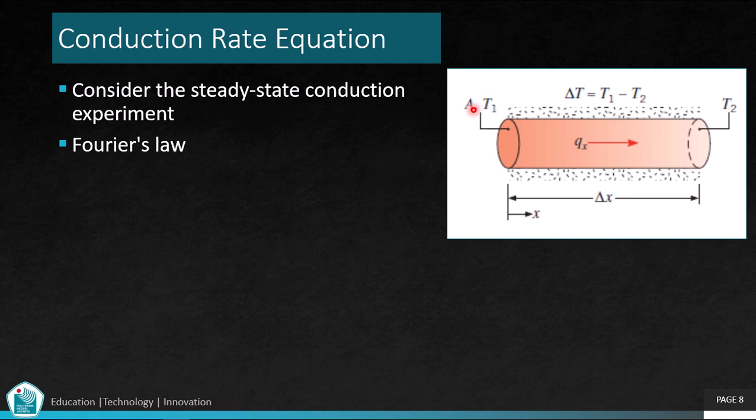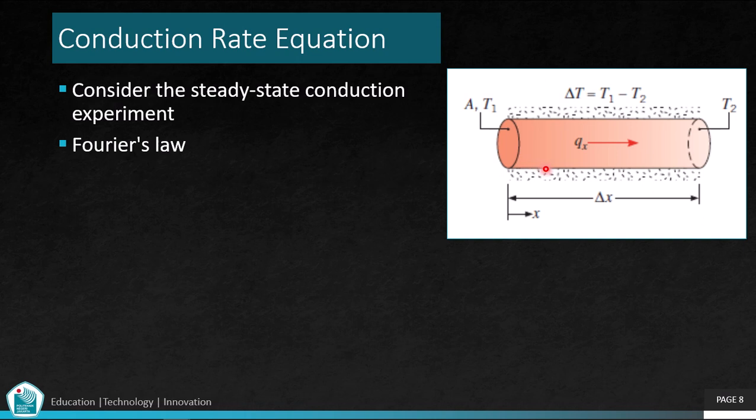We will find that the Qx, or heat transfer rate, is directly proportional to A. So if delta T and delta X are constant and we vary the A, the Qx will be directly proportional to A.